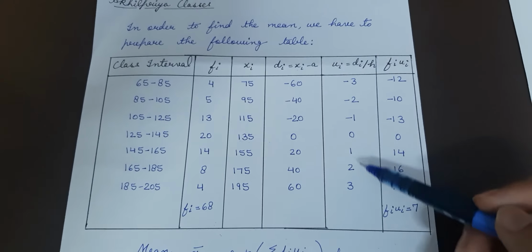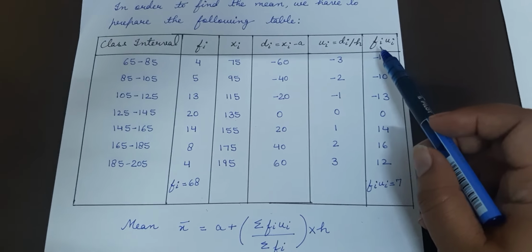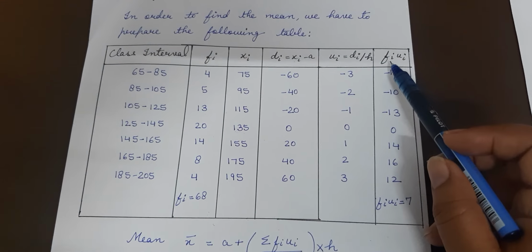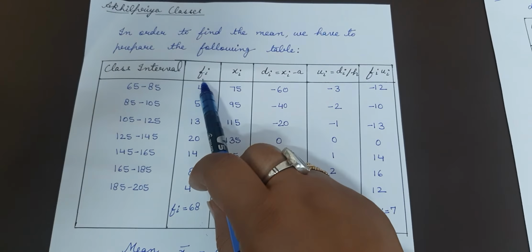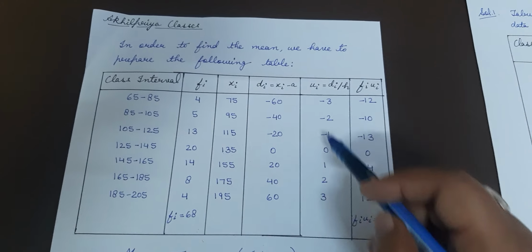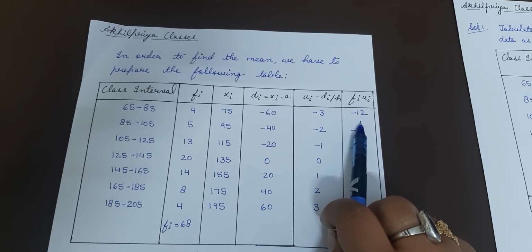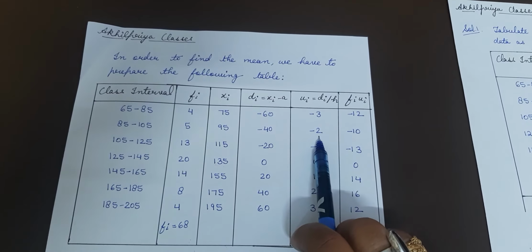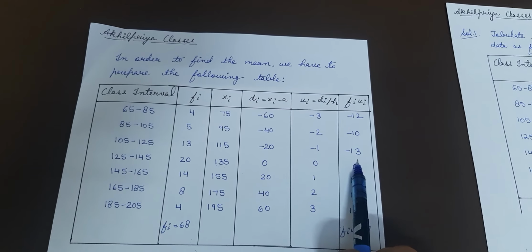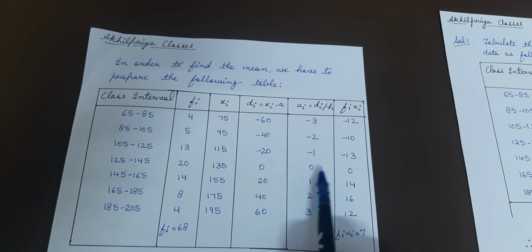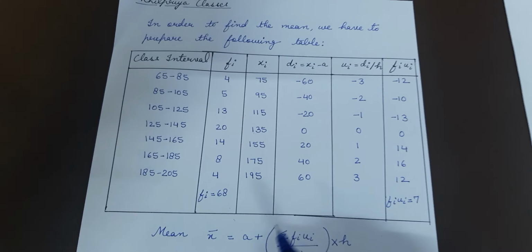Like this we calculate the rest of the values, and we add a new column, fi into ui. As we have the columns of fi and ui, we just multiply them. 4 into minus 3 is equal to minus 12, 5 into minus 2 comes out to be minus 10, 13 into minus 1 comes out to be minus 13, 20 into 0 is 0, and up to 4 into 3 is equal to 12.